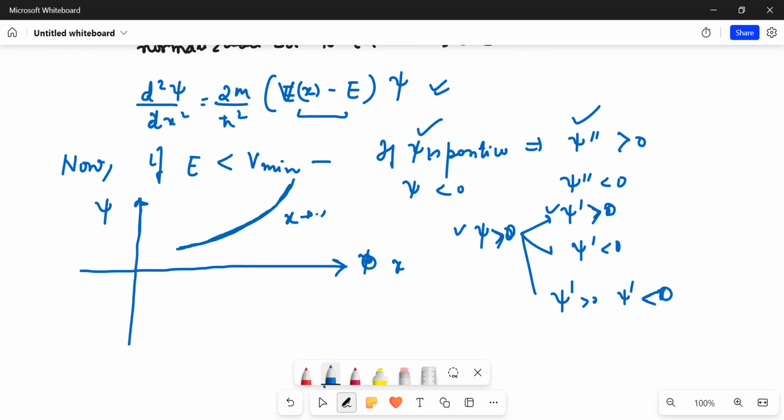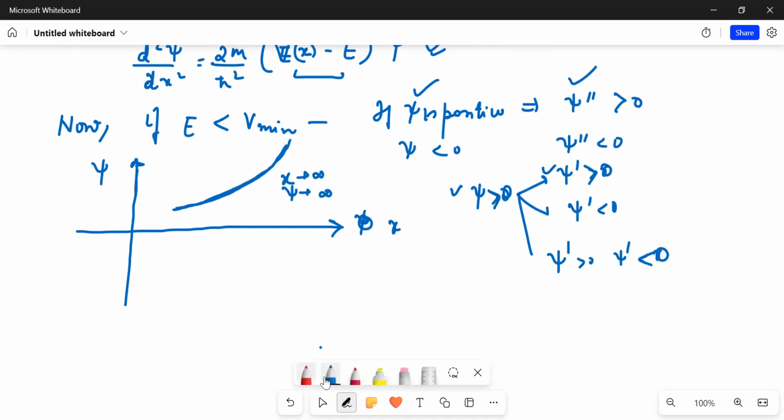If it increases at an increasing rate, then clearly as x tends to infinity, ψ is tending to infinity, which violates the condition for normalizable or bound wave functions. Now let's say ψ dash is less than 0.